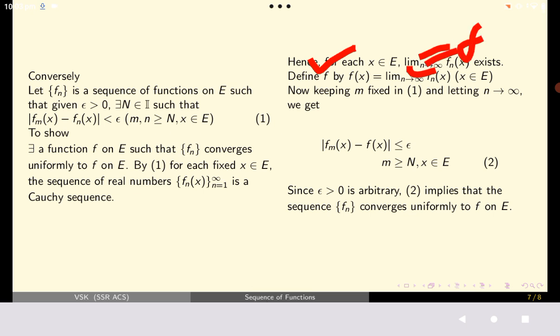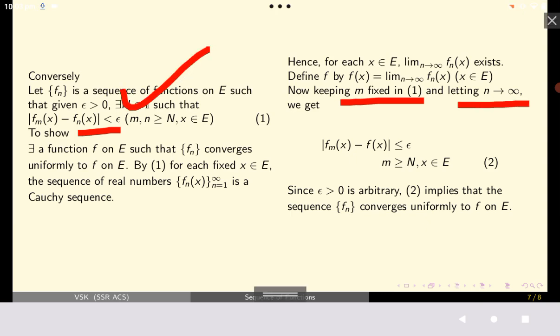Now once we have defined this, using this expression, taking m fixed and letting n tend to infinity, we get that |f_m(x) - f(x)|, which is equal to this limit, is less than epsilon for all m greater than or equal to N and for all x belonging to E.